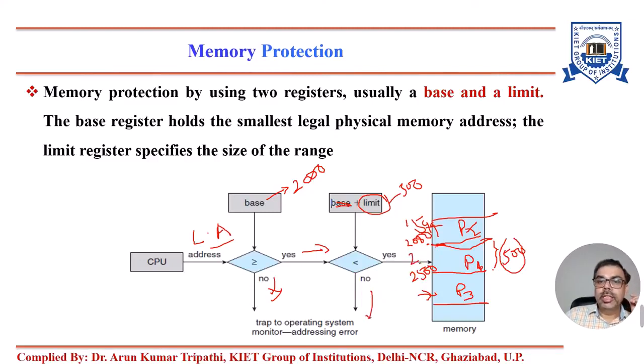Suppose that it has generated the address 2399. So it resides in the vicinity, or belongs to the location of process P1, that is between 2000 and 2500. So it can be accessed.